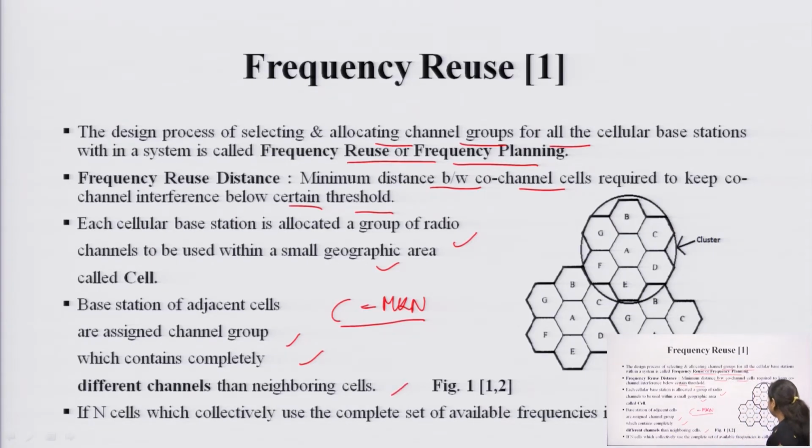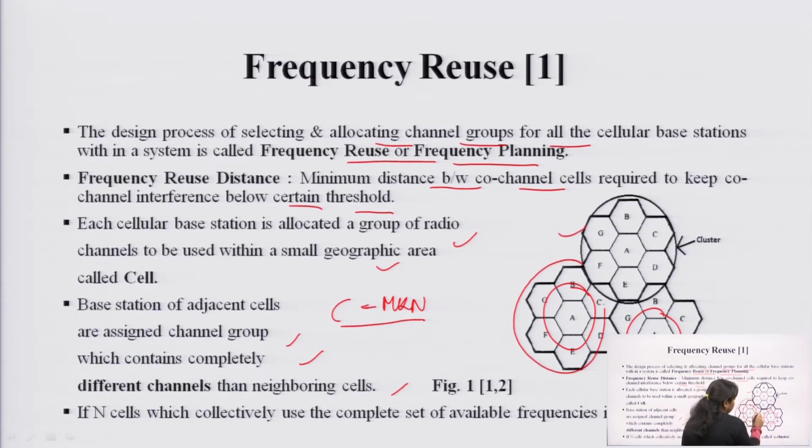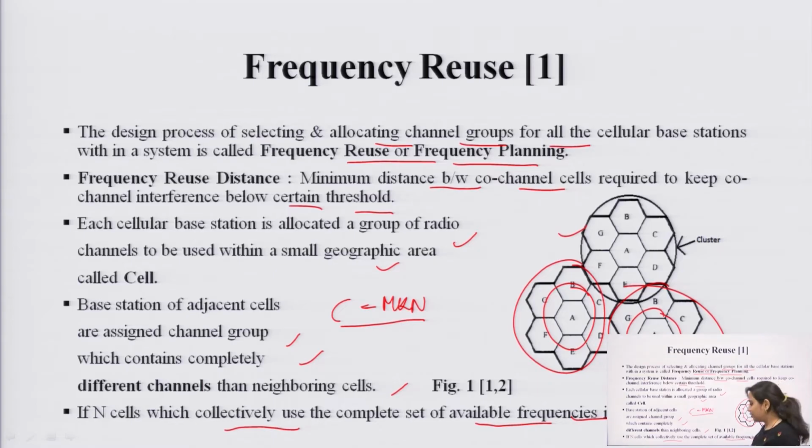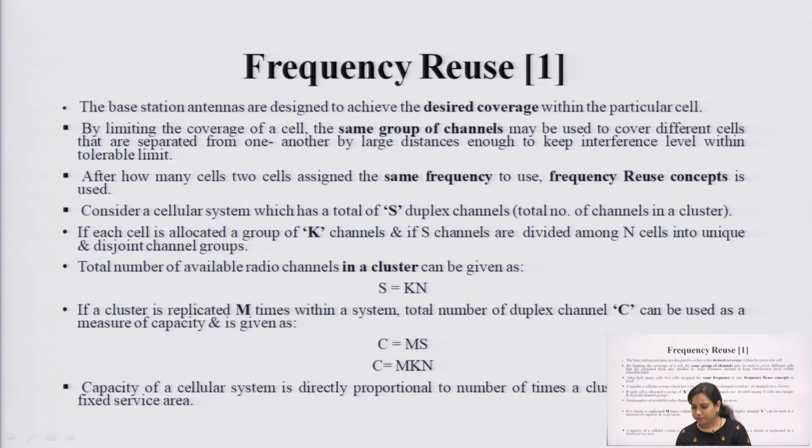You can see in this diagram A, B, C, D, E, F, G, 7 cells forming a cluster, then 7 same cells are there using the same set of frequencies. This is the first cluster, this is the second cluster, this is the third cluster. So, 3 clusters are there and each cluster has 7 cells. If n cells collectively use the complete set of available frequencies, that is known as a cluster.